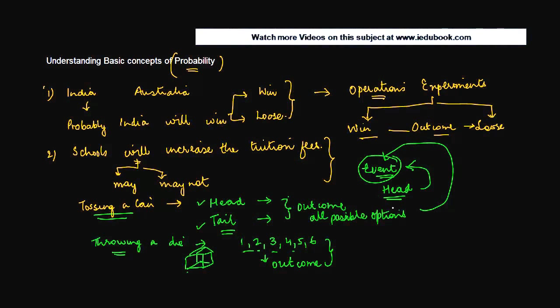And probability of occurrence of an event, E, is always given as number of favorable events divided by total outcomes.